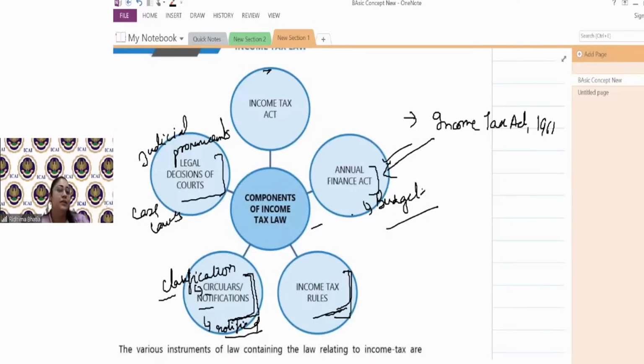Which understanding is correct, which school of thought is correct, वो कहाँ से पता चलेगा? That comes through case laws, that comes through judicial pronouncements. Judicial pronouncements or case laws or legal decisions of the courts are sort of a path which gives us clarity. Okay, this provision means this. And by referring to them, we can avoid further litigations.